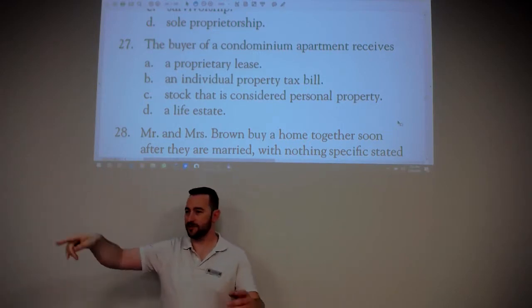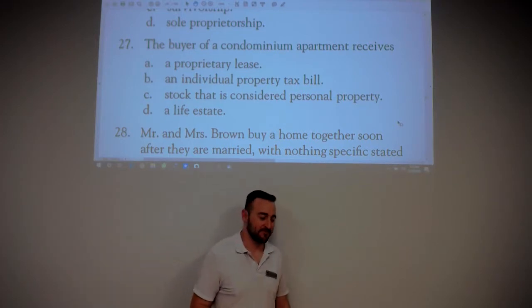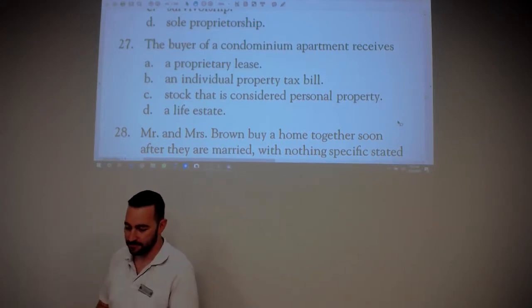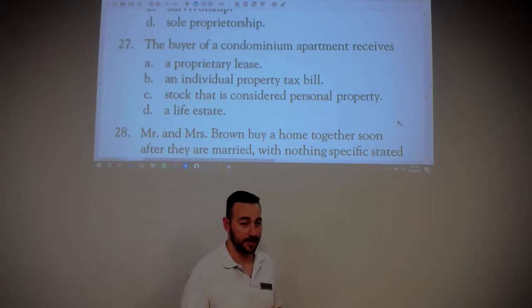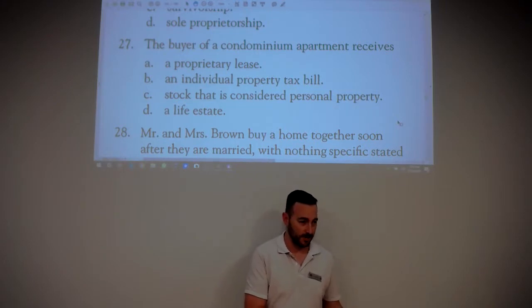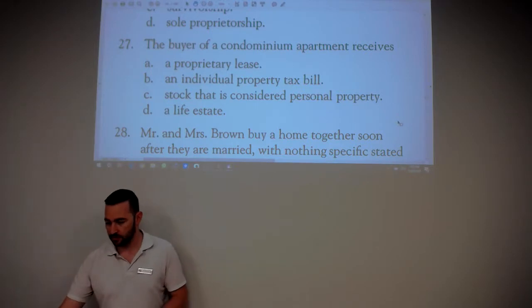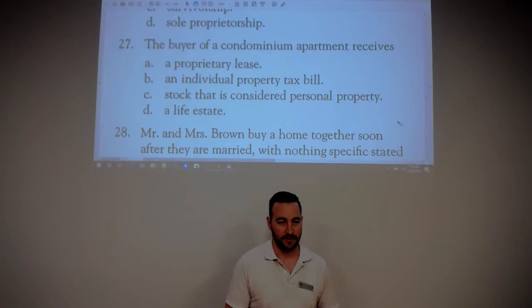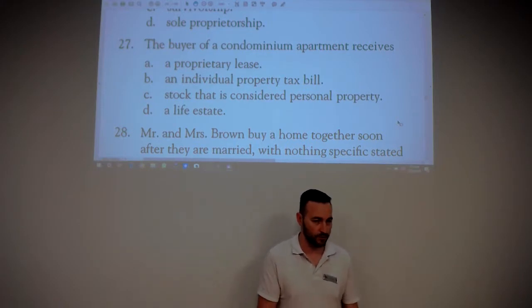Okay, so for the three of you, don't raise your hand. All right, here's the thing. It says the buyer of a condo apartment receives, right? When you buy a condo, it's different than a co-op. If it was a co-op, you would get a lease because you're a tenant shareholder. So you get stock and a proprietary lease to occupy the space. So no guarantees, but you occupy the space. B says individual tax bill. In condos, all the bills are individual because you are an individual owner.